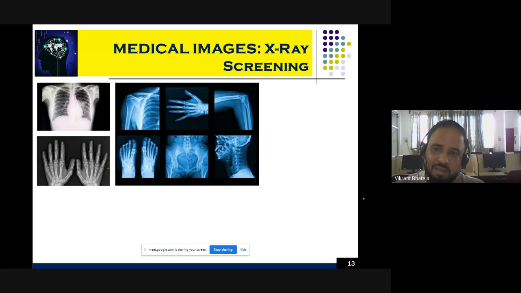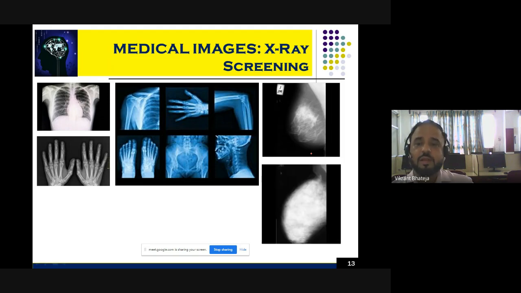Mammograms are nothing else but X-ray images of the breast. We have to understand at this stage how the X-ray of the breast region is a little different from other X-rays, and that accounts for the complexity in analysis of these images in comparison to other X-ray images. You can see these are just sample images of breast mammograms.